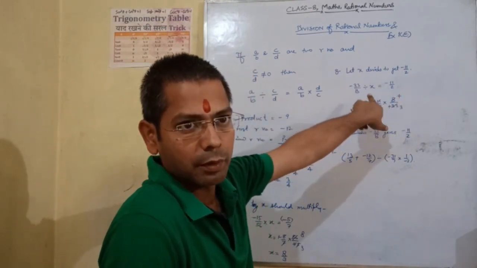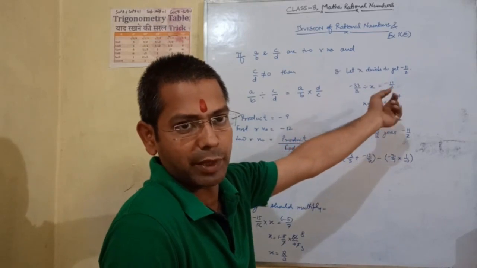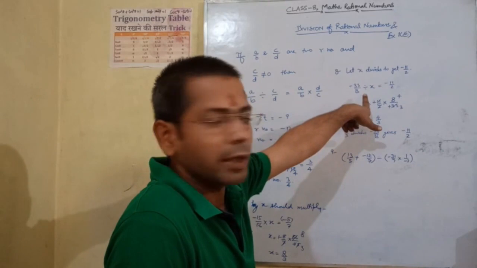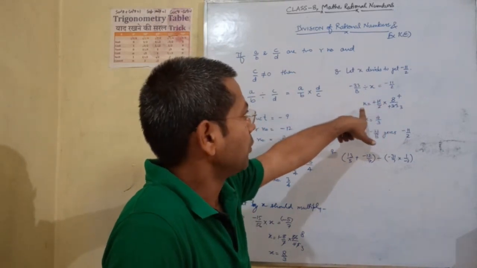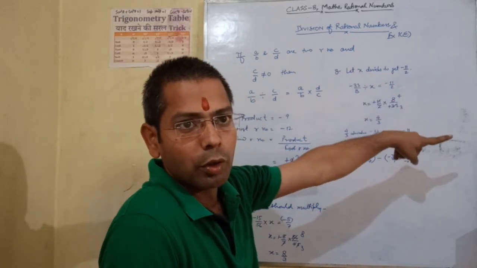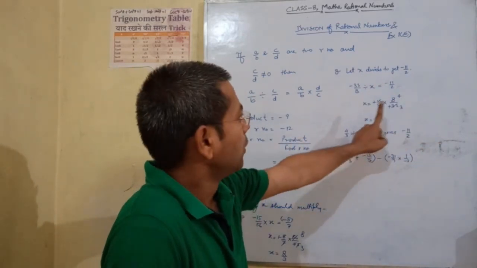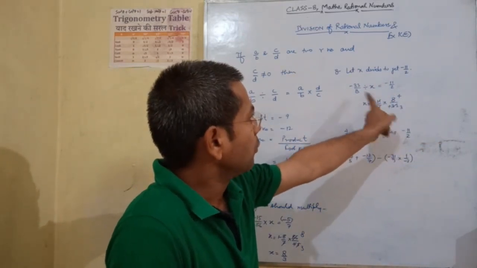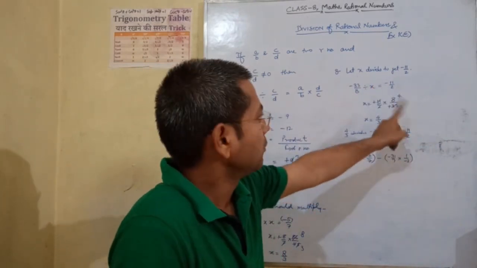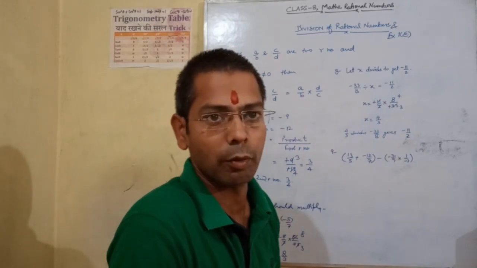We arrange this statement as an equation: minus 33 upon 8 divided by x is equal to minus 11 upon 2. So x is equal to, when 33 upon 8 goes to the right side, minus 11 upon 2 with 8 in the numerator and 33 in the denominator. We solve this and get 4 upon 3.